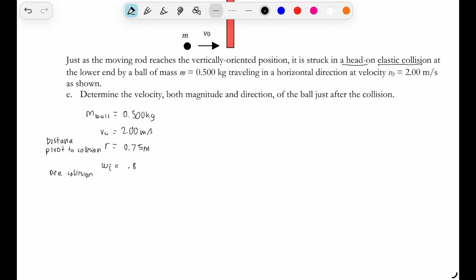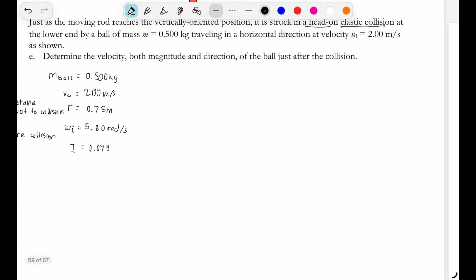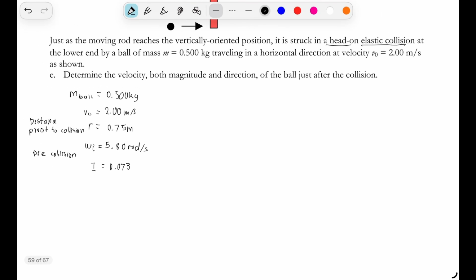So pre-collision. And our moment of inertia is from earlier. So we have an elastic collision. In our elastic collision, this means that we have conservation of energy.